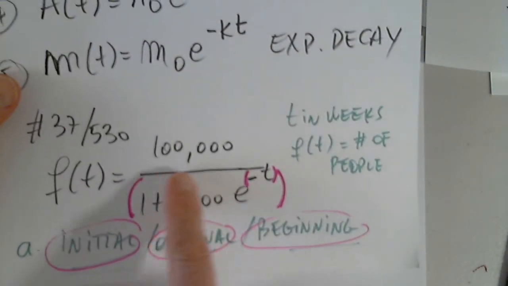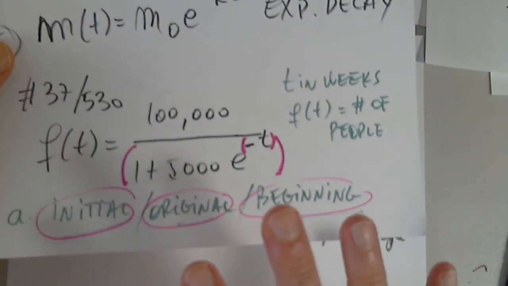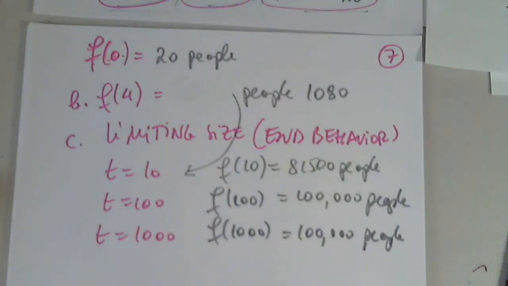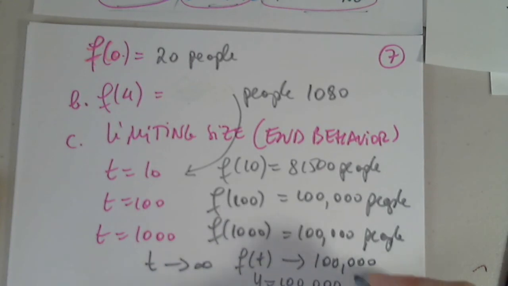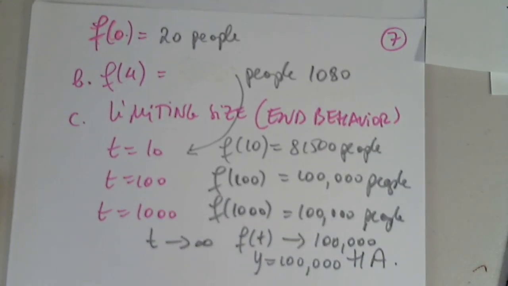Not more than the number of people we have, assuming that nobody comes to visit from the outside. So in other words, as t approaches infinity, the function values approach 100,000. So y equals 100,000. Of course, if you remember, it's a horizontal asymptote. We're not asked to write that. It's okay. But that's what happens.